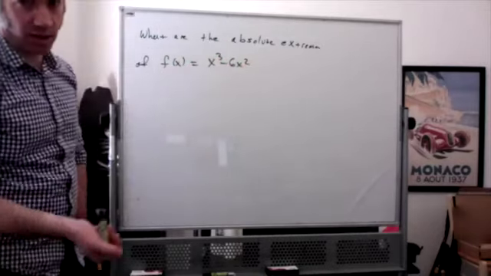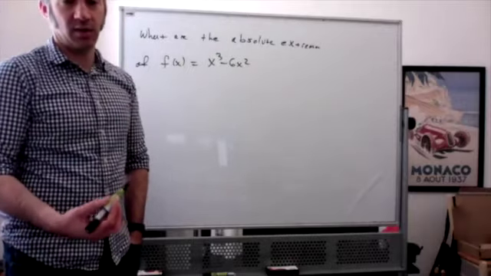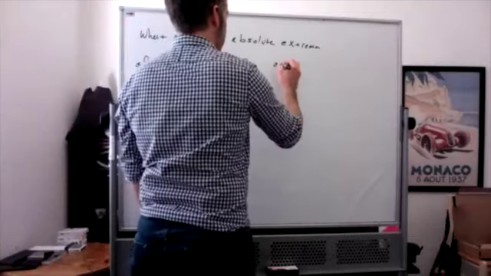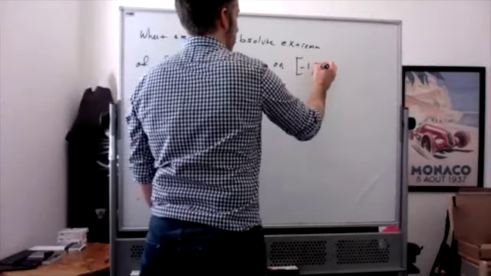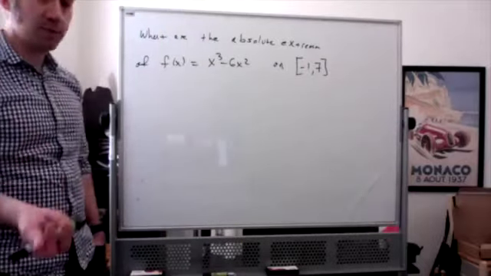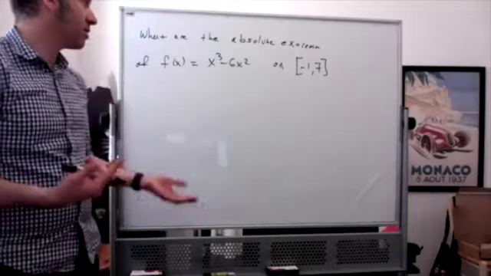And typically, although technically not always, but almost always, when we ask a question about what the absolute extrema are, we have to give an interval. Usually a closed interval.